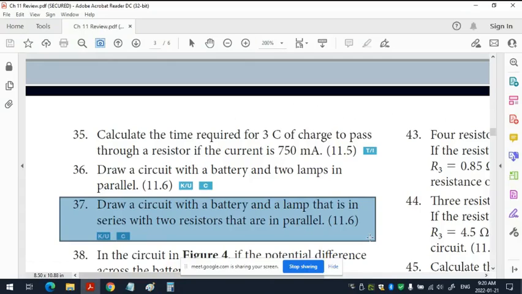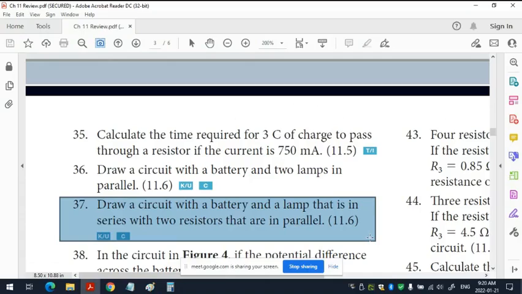So instead of a lamp, just make it another resistor. Oh, that's the resistance, the zigzag line. Anyone else? Because it goes first through and then it splits.